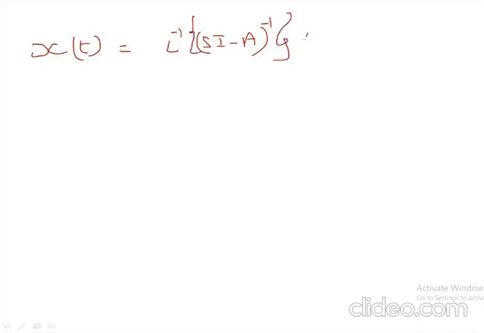Let me write here. From that expression, we got x of t is equal to L inverse of (sI minus A) whole inverse into x of 0 plus the same L inverse of (sI minus A) whole inverse into B into U of s.